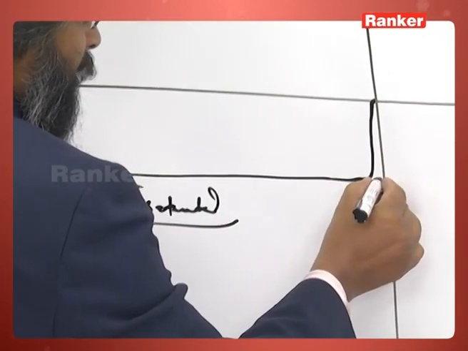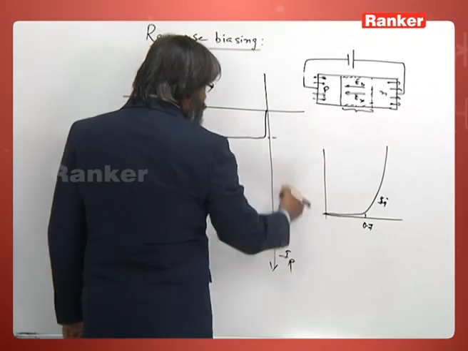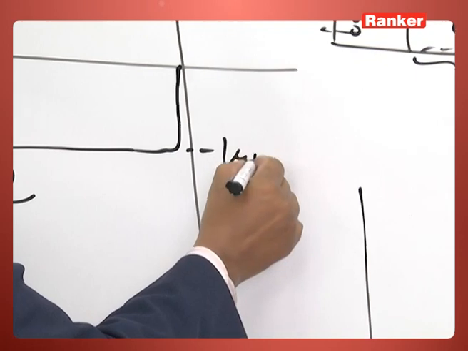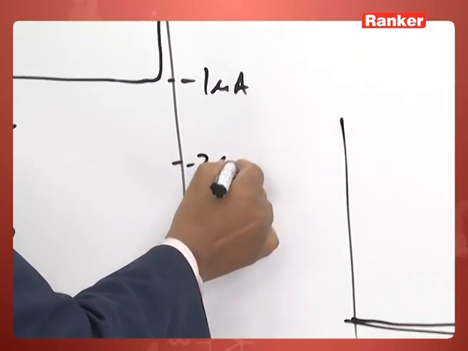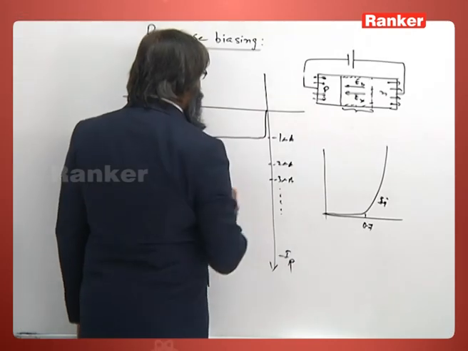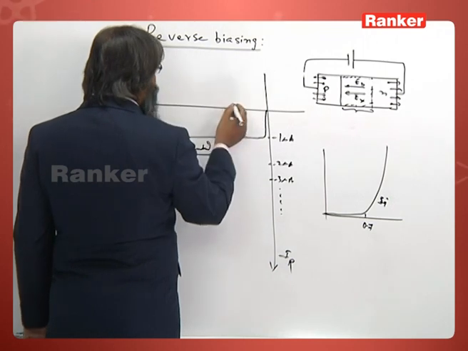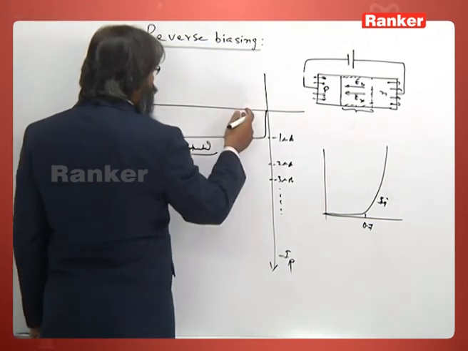So the order of saturation current, suppose this current is in microamperes. Suppose I say 1 microampere, this is minus 2 microamperes, then minus 3 microamperes, like that. And here the voltage can be varied to any extent.